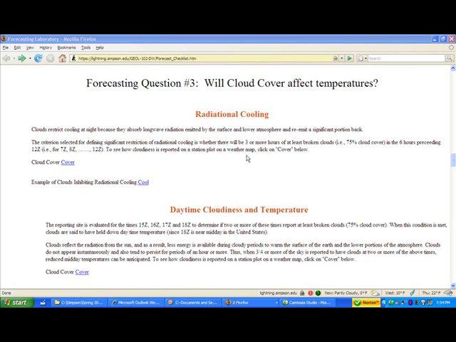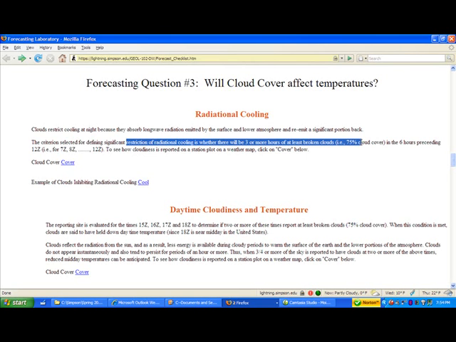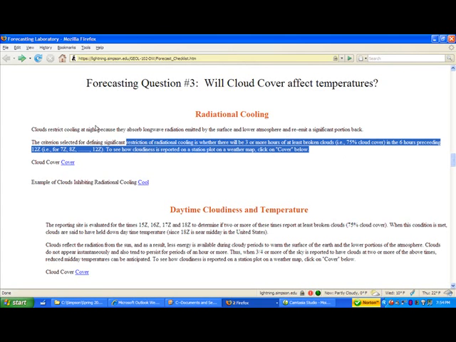Now, in terms of the criteria for the forecasting module, what they will look at for the restriction of radiational cooling is if there are 3 or more hours with at least 75% cloud cover in the 6 hours before 12Z.